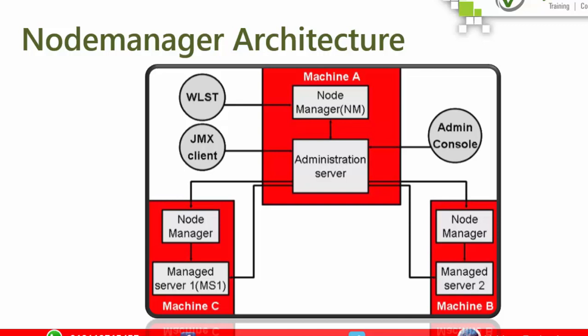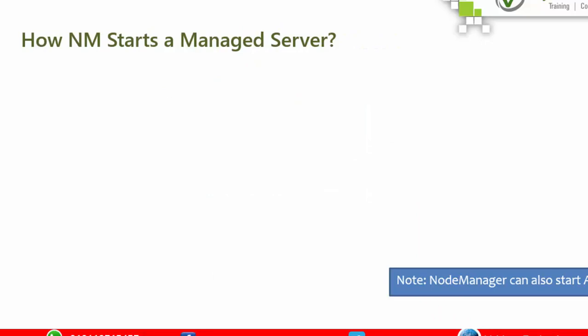The request will be sent, either start or stop or shut down. The request will be processed and forwarded to the Node Manager which is running on remote machine B, and then you can start the managed server 2. Similarly, on machine C, Node Manager will receive the request and then it is going to process the managed server 1.